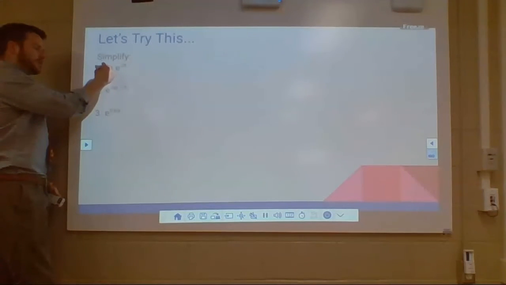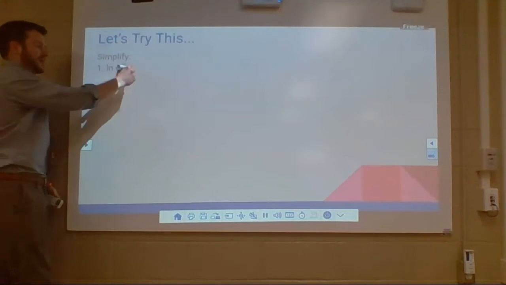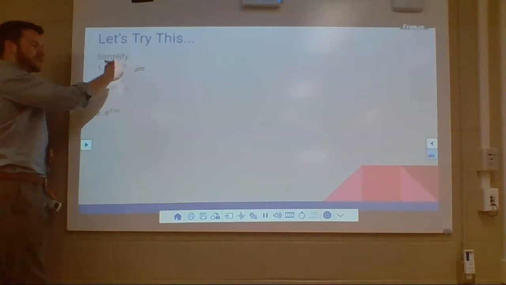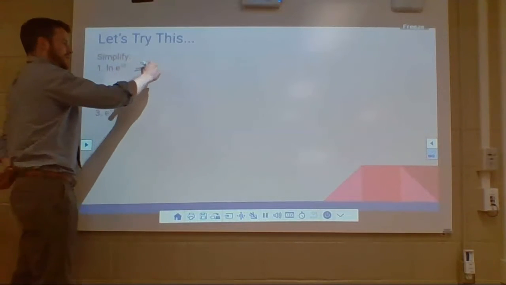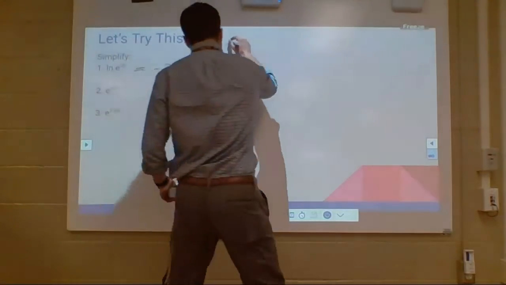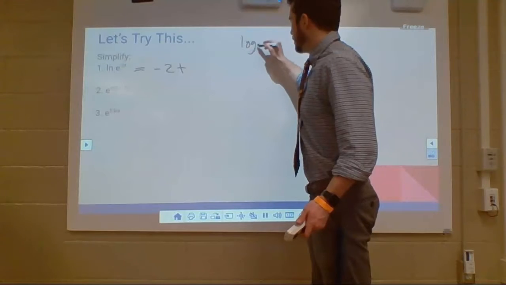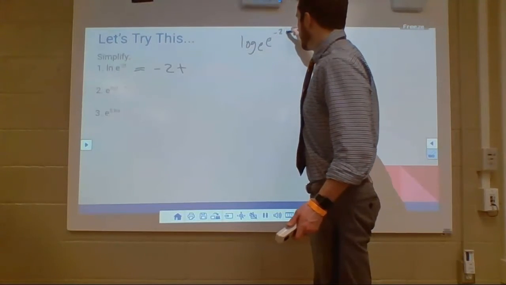So here's the deal. Remember, ln and e, the natural log and the natural base, they're just inverses. So all that's going to leave us with is negative 2t. Remember, using that inverse property, instead of ln, we can say log base e of e to the negative 2t.